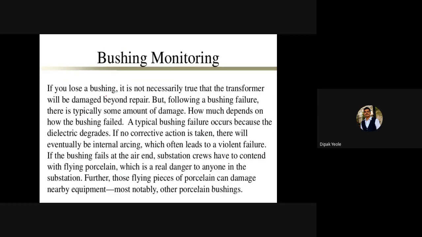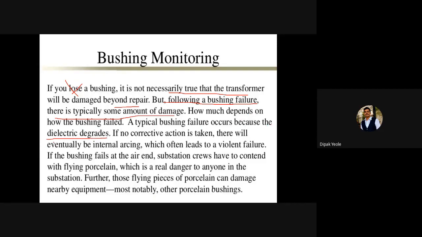Now, if you lose a bushing, if our bushing fails, it is not necessarily true that the transformer will be damaged beyond repair, but there are following bushing problems. There is typically some amount of damage. How much depends on how the bushing failed. A typical bushing failure occurs because the dielectric degrades.